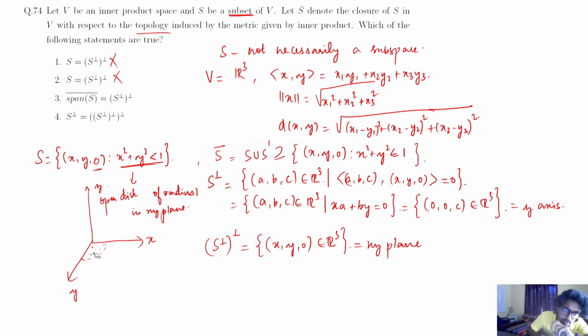You may ask me a question. We are choosing points in the open disk. Suppose I choose a point somewhere here. However small that point is, I am able to identify one such point when I multiply it with a quantity. If I choose some point here near 0, let that be 0.5 comma 0.1 comma 0, this is lying inside it.